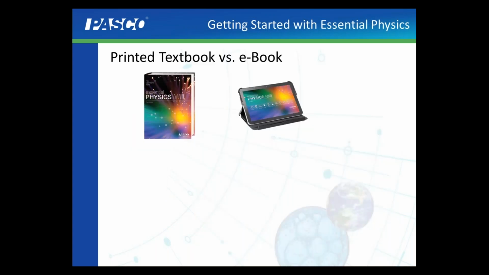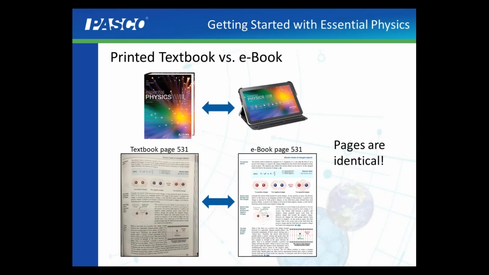Now, I mentioned briefly, the book has 2 incarnations. One is a printed textbook like you see here on the left. It's just your standard hard copy textbook. But there's also an electronic version of the book that's available. What's beautiful about this is that the pages between the 2 are identical. So if you're on page 531 of either of them, they look exactly the same.